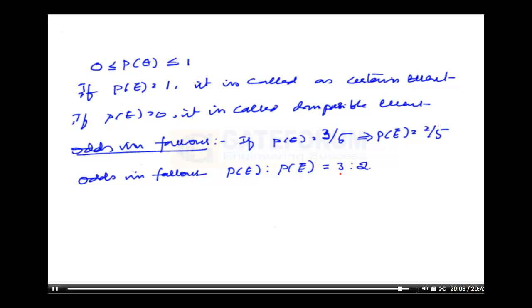Out of 5 outcomes, 3 are favorable to E and 2 are favorable to E dash. This is called odds in favor. Similarly, odds against, actually we call it a ratio, the odds against ratio is defined as P(E dash) is to P(E), so that is equivalent to 2 is to 3. So this is about the odds in favor ratio.